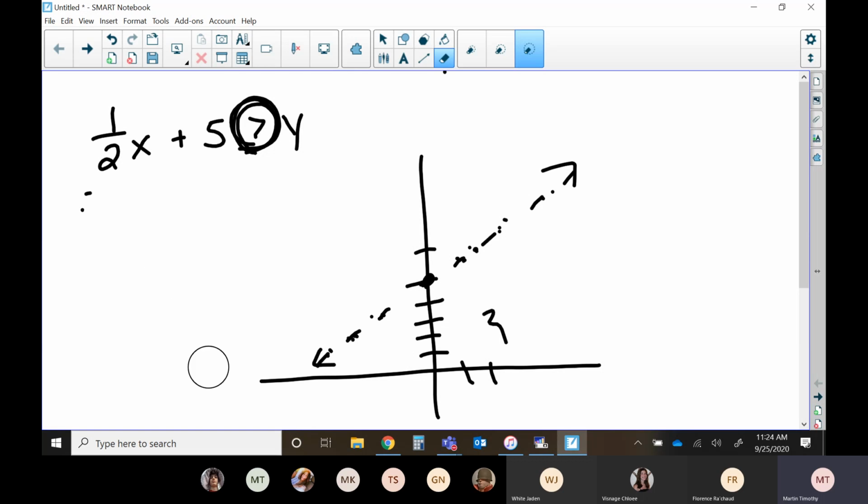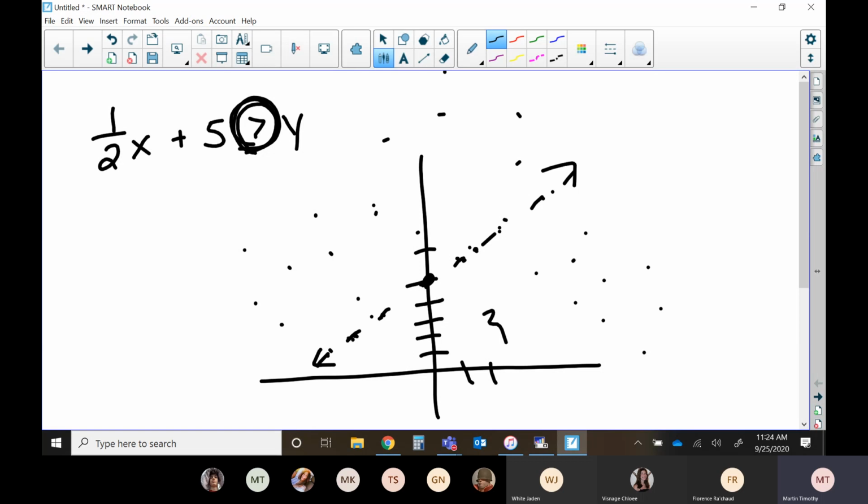And then there's a false side. Every one of these ordered pairs will either make that equation true or false, and this side will be the opposite. So if this is the true side, what do I know about this side? It's the false side.